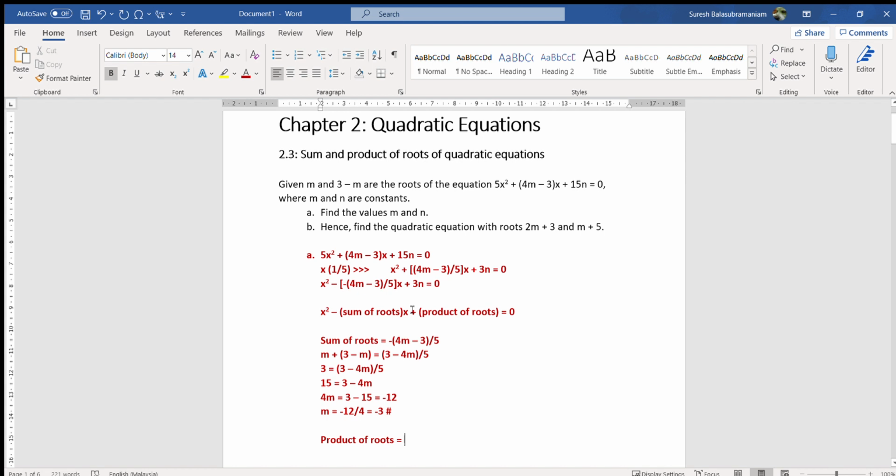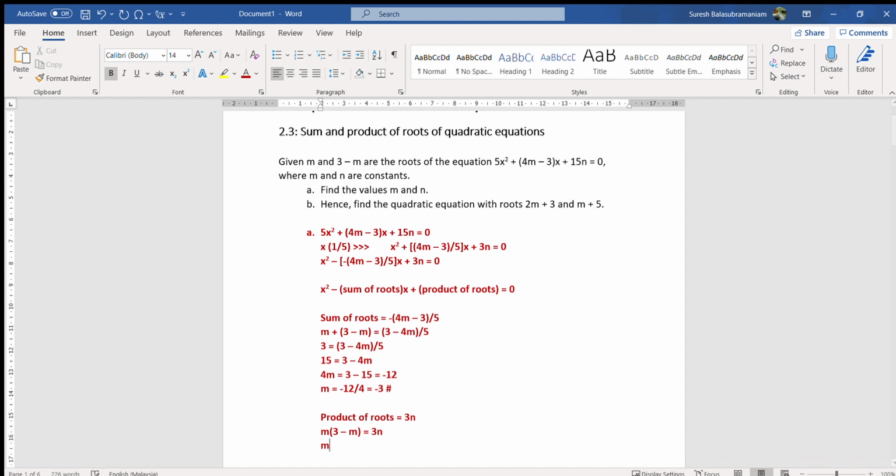From the equation, it's 3n. So the product of roots equals 3n. Our roots are m and 3 minus m, so we multiply these two: m times (3 minus m) equals 3n. And we know from the sum of roots that m equals negative 3, so we can replace that.